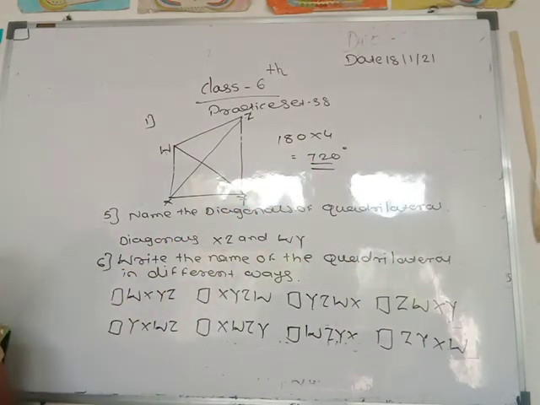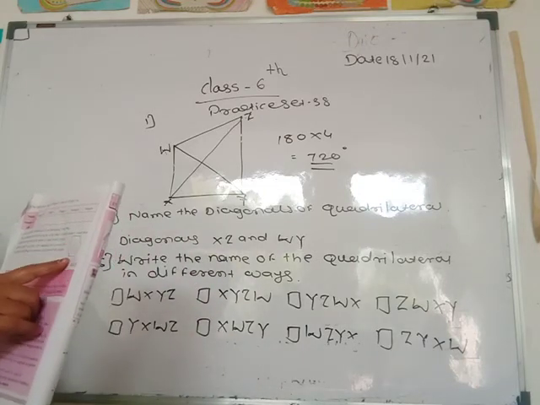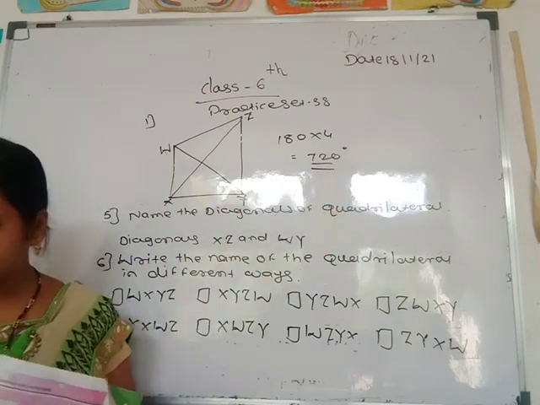So the sum of the angles of the given hexagon is 720 degrees.